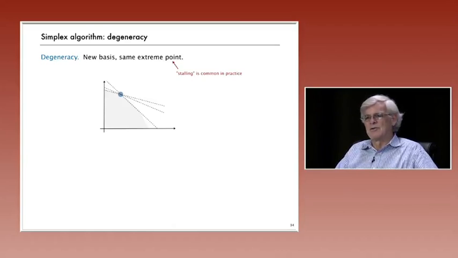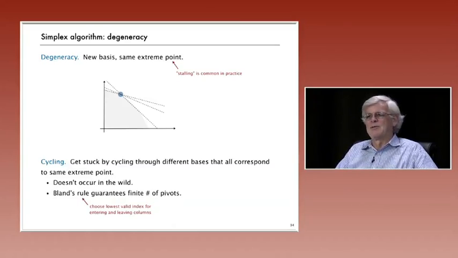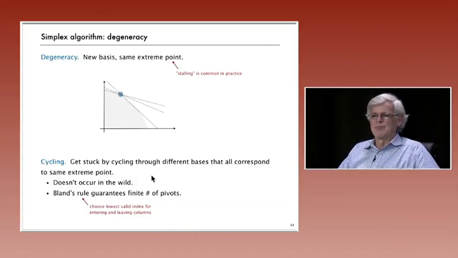That's called stalling, and that's not a good situation; you have to watch out for it. And the other thing is, when you have this kind of degeneracy, you could get in a cycle where you go through different bases, always corresponding to the same extreme point. It doesn't seem to occur in practice.